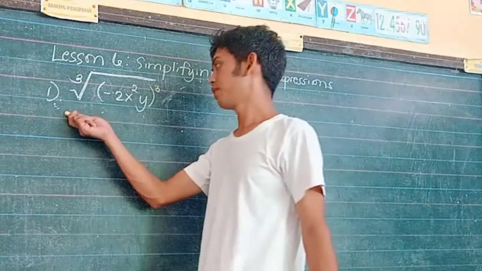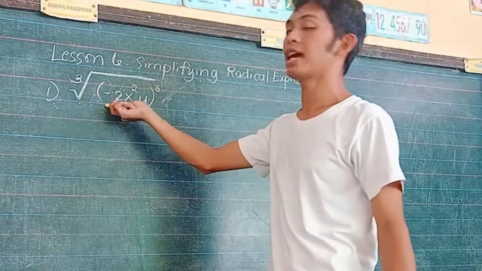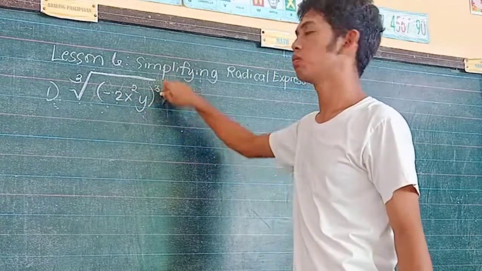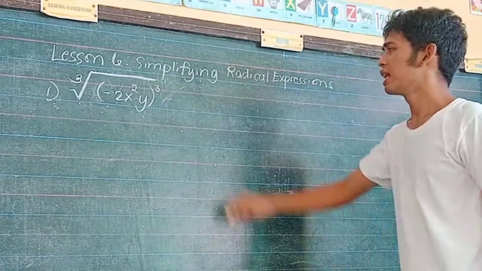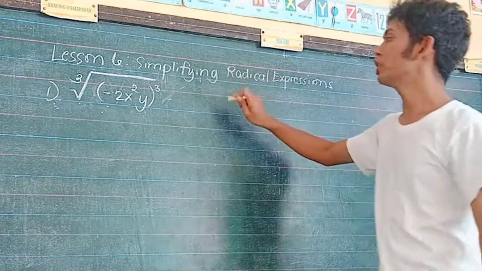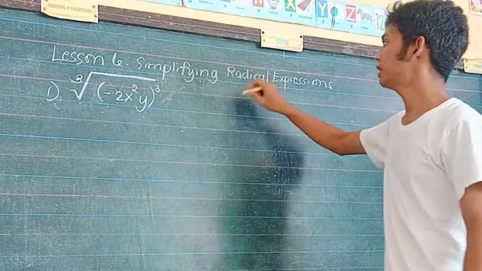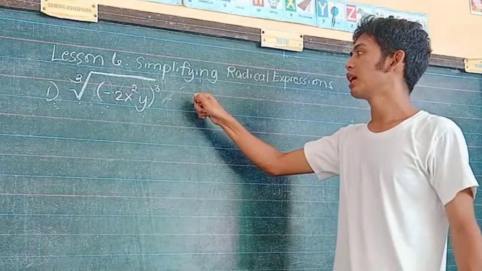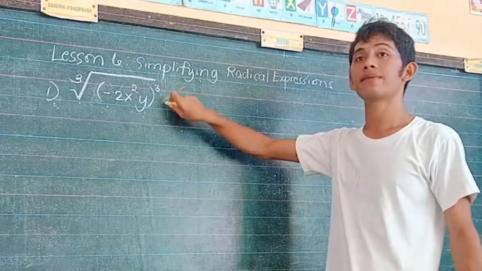Number 1, cube root of quantity negative 2x squared y cubed. This item is under rule number 1 in simplifying radical expressions. So ang rule number 1 is ma-apply ani nga item.